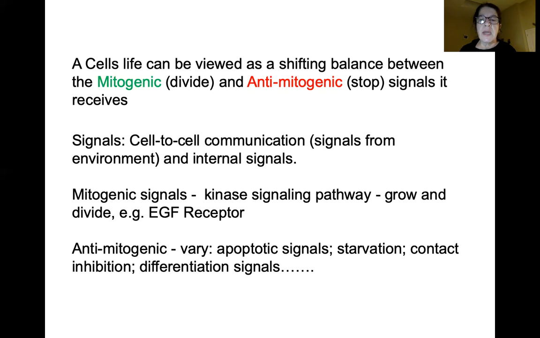If a cell is surrounded on all of its sides by other cells in a tissue, that would be a signal not to divide. And of course, there are signals that make cells become specialized, differentiate. All of these signals are stop, do not divide. They're anti-mitogenic. The word mitogenic comes from the words mitosis, divide, and genic, generate divisions.